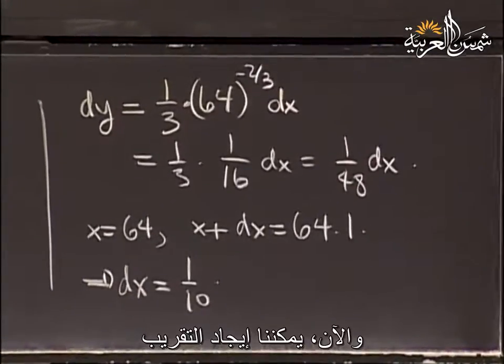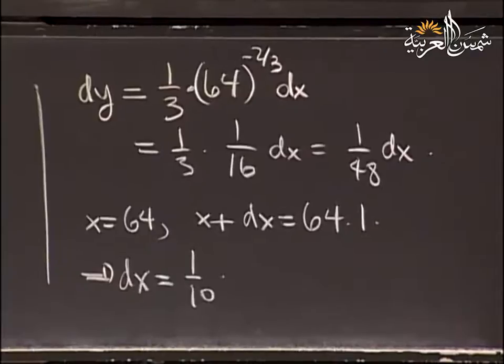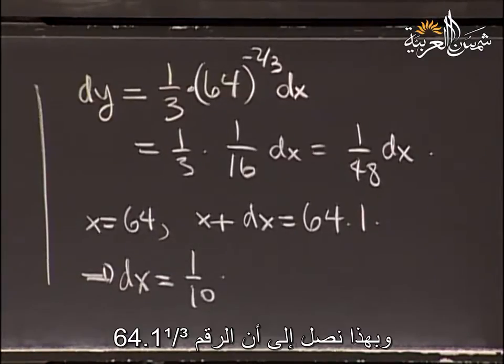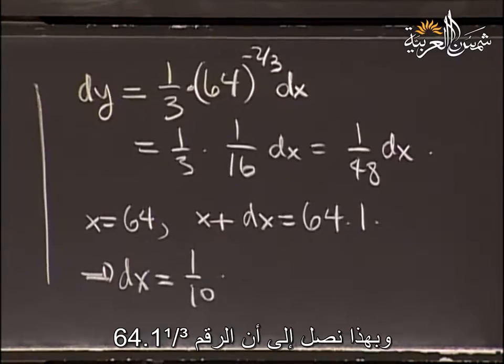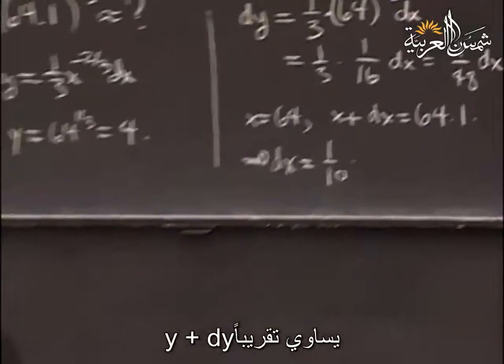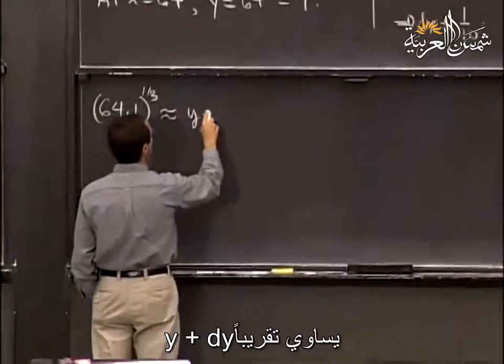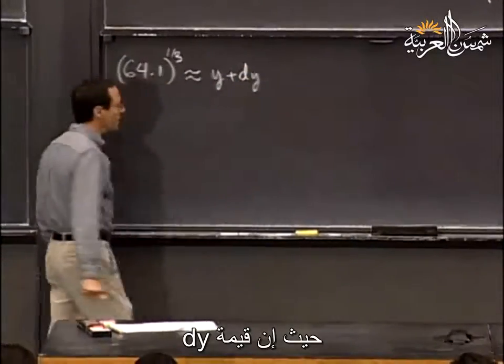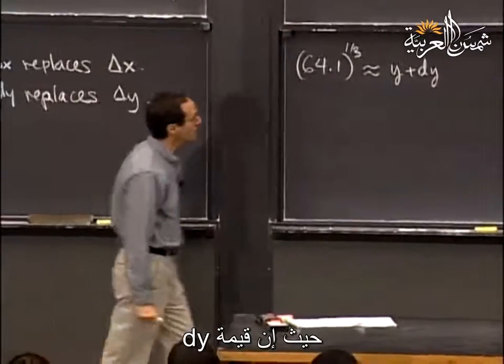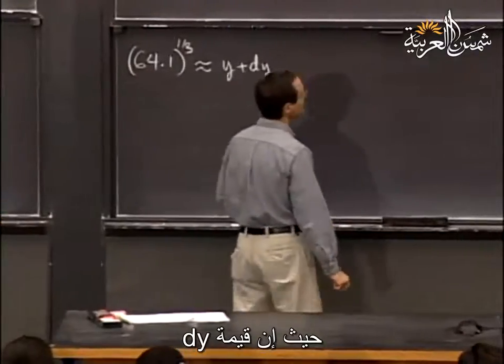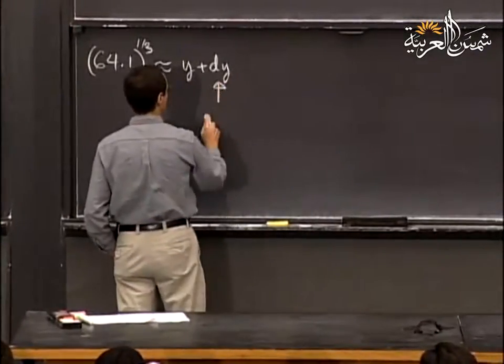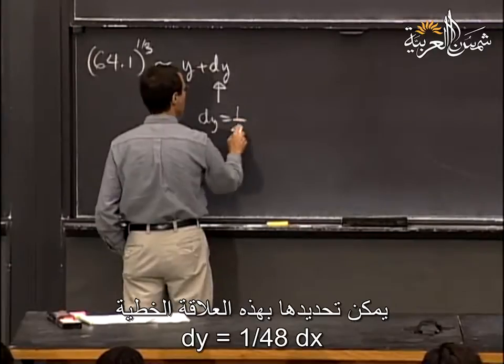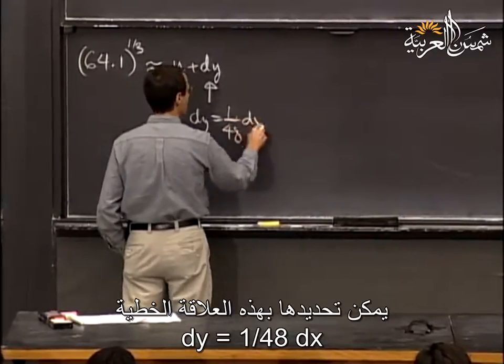And now I can carry out the approximation. The approximation says that 64.1 to the 1/3 is approximately what I'm going to call y plus dy, because the dy that I'm determining here is determined by this linear relation: dy is equal to 1/48 dx.